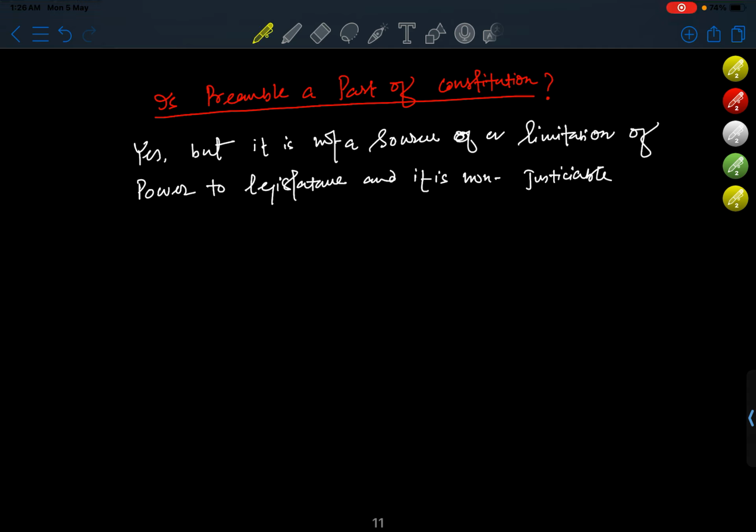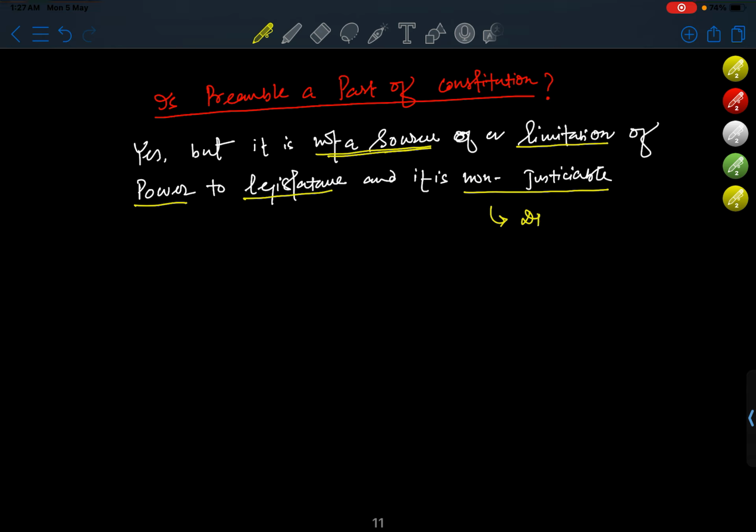Now you need to understand a few things. It is not a source of limitation of power, which means it doesn't act as a limitation on the power to legislate of our parliamentarians. Also, the preamble is non-justiciable. What do you mean by non-justiciable?